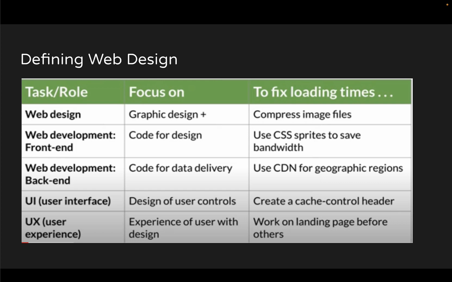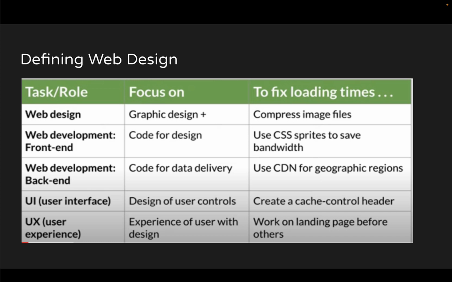So these are the folks that will execute a design and build the actual HTML and CSS for the project. So to fix loading times, a front-end developer might use CSS sprites. You can Google what that is, but essentially ways to bundle CSS to save on file size.